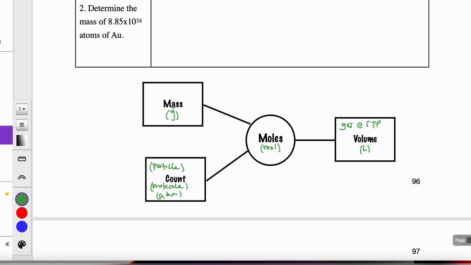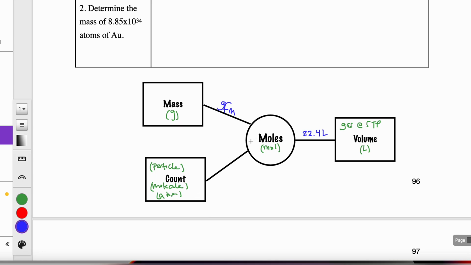Once we recognize which quantity we're starting with and which quantity we need to get to, we need to think about what's the information. To convert between mass and moles, we need to know the GFM of the substance. If we need to convert between moles and volume of a gas that's at STP, we need to know the molar volume, which is 22.4 liters.